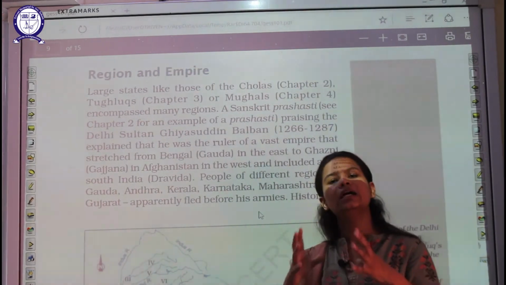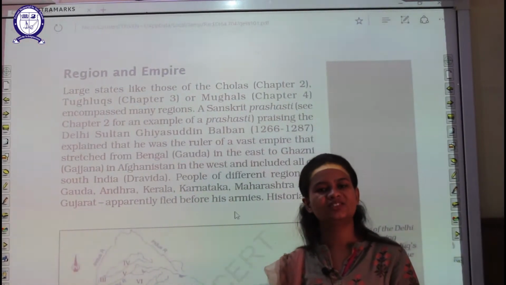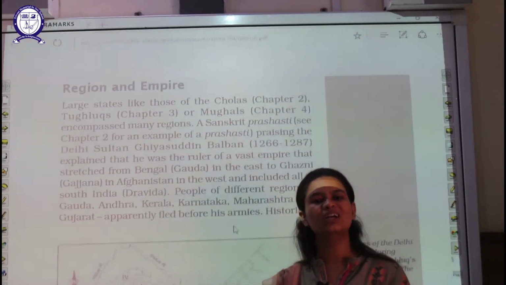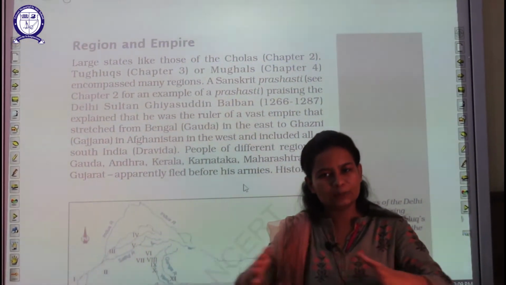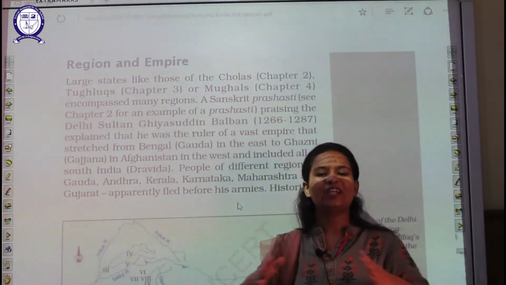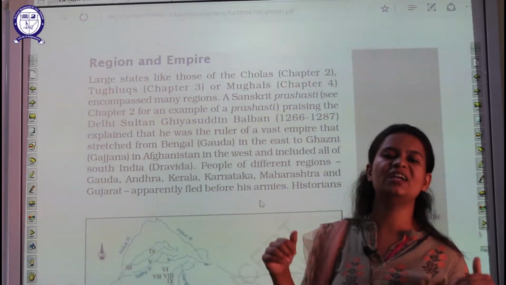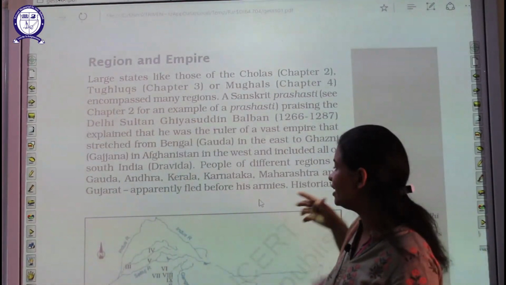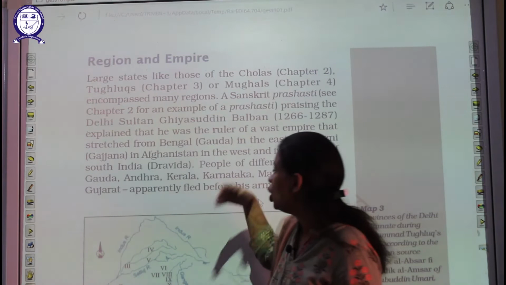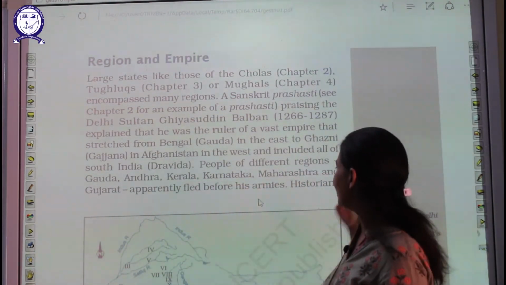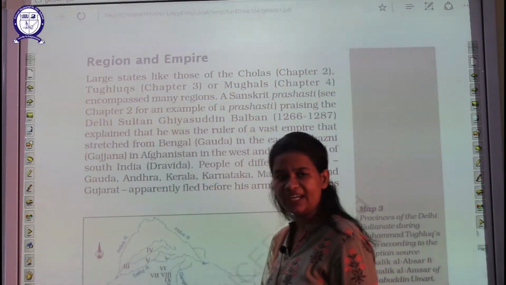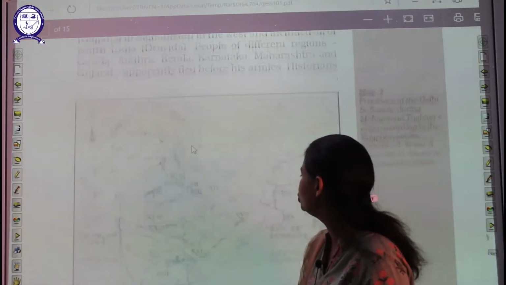All these dynasties, Cholas, Cheras, Pandyas or rulers, started expanding their territories, their regions, their kingdoms. They started conquering different parts of Andhra, Kerala, Karnataka, and that is why they opted for very huge armies.